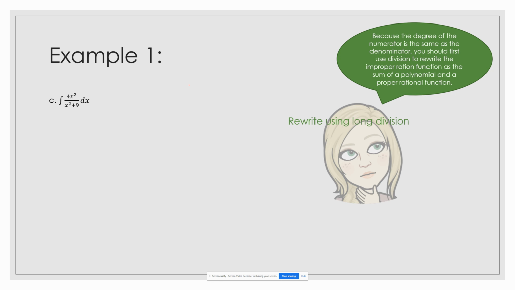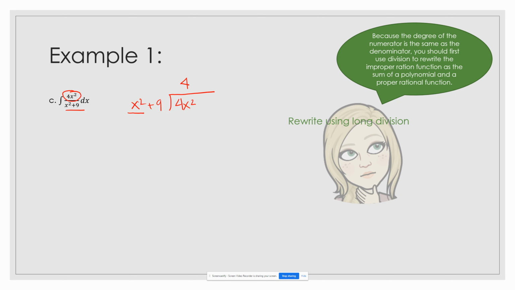All right, so let's put the thing that we are dividing inside, so 4x squared, and then we will put our divisor on the outside. And if you remember long division, you take just the first term and see how many times this goes into this, and then you line up your like terms. So x squared goes into 4x squared 4 times.